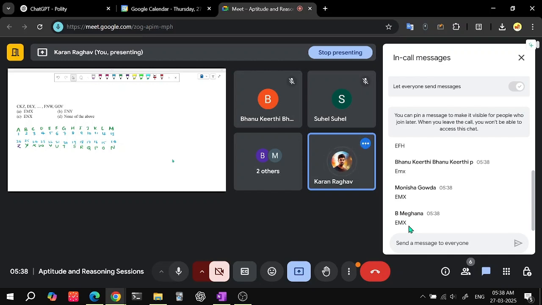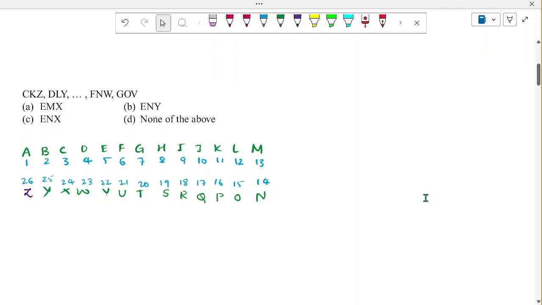Okay, fine. We'll see. C, D, I have got F and G. So what it should be? Let it be E, and I have got E in all the options. I cannot eliminate any one of them.